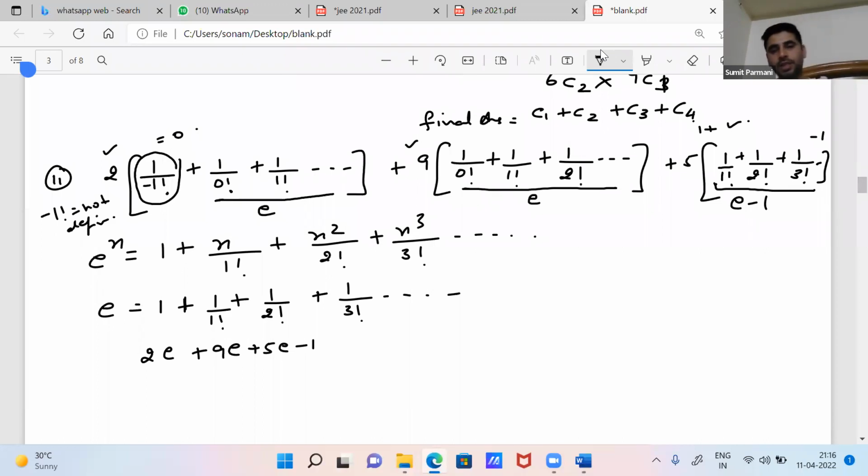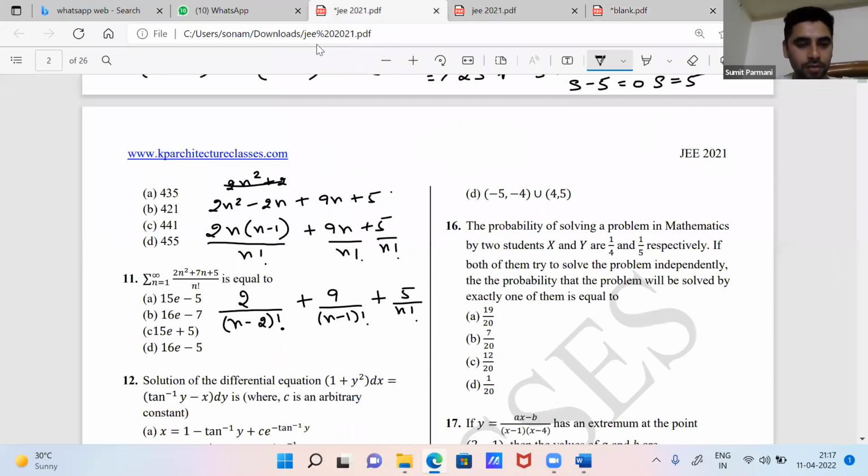Nine, 11, 16. Okay, sorry, here we made a mistake. This is not 1, this is 5. So this is 16e minus 5. Okay, 16e minus 5, so this is your answer.